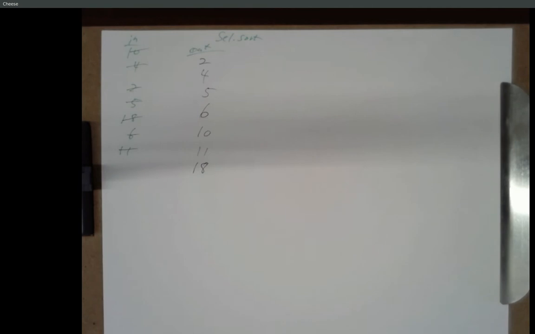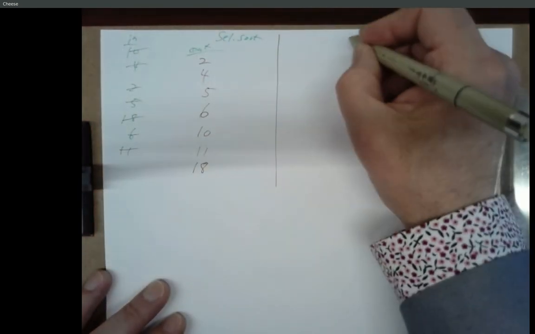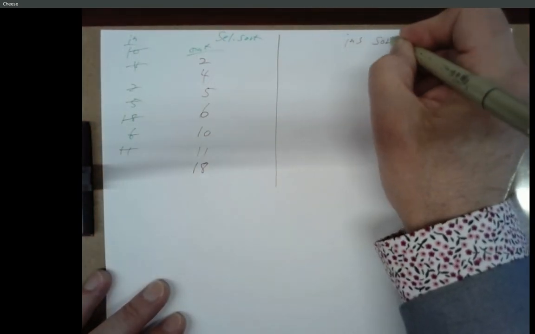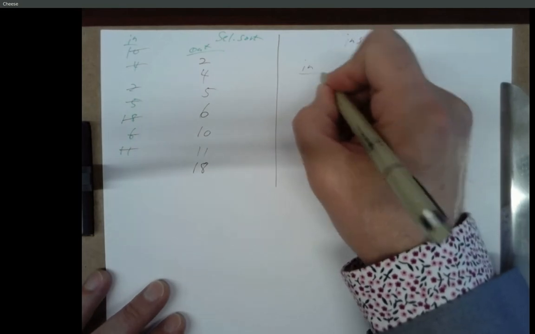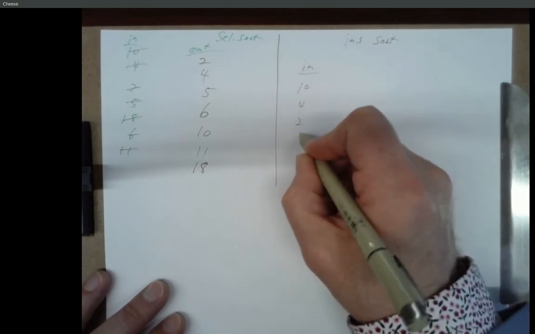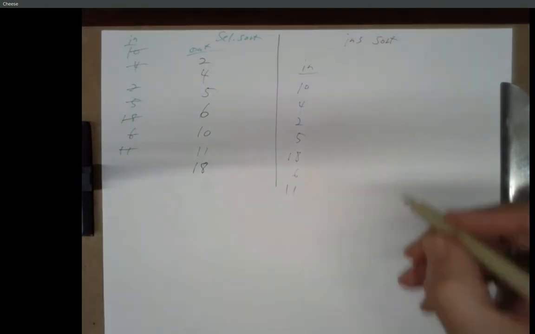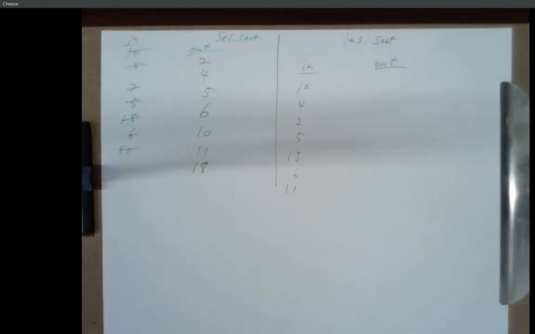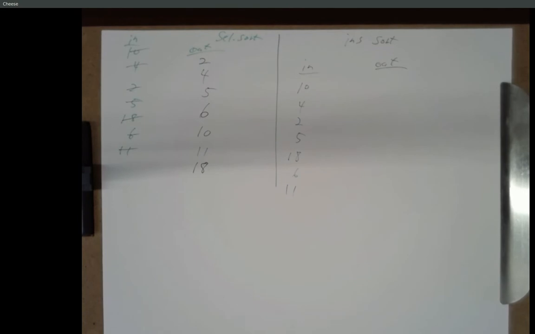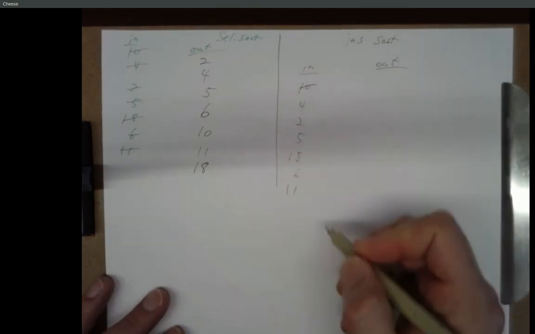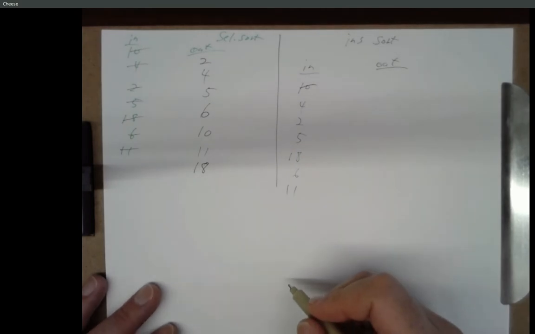All right, an insertion sort says don't do any work when you're selecting what to move. Just move the first thing from the input. Just grab the 10, put it into the output in the correct spot.